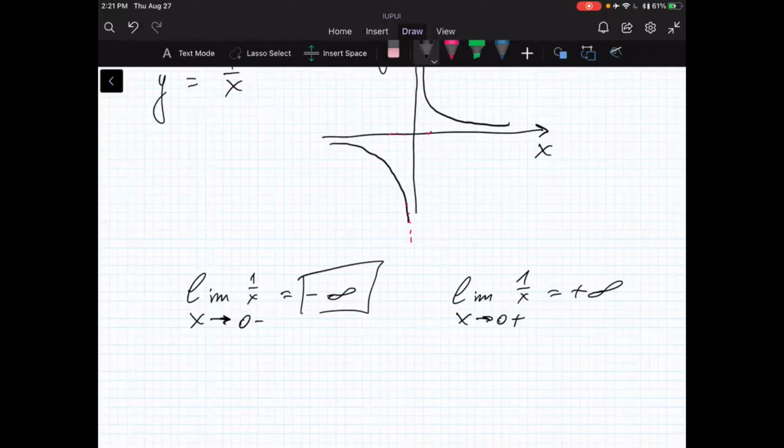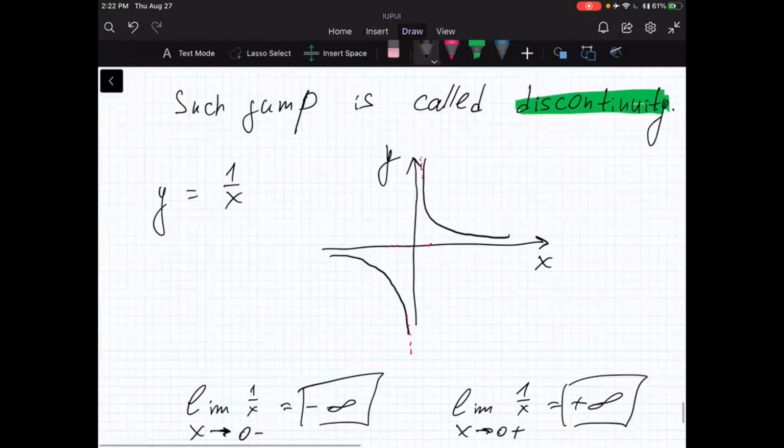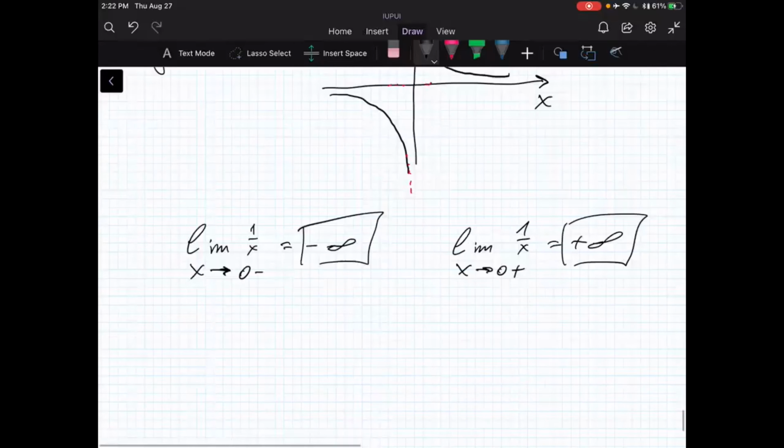If we come to 0 from the left, we get minus infinity, and if we come from the right, we get plus infinity. So it is indeed again a discontinuity, but in this case the jump is infinite.